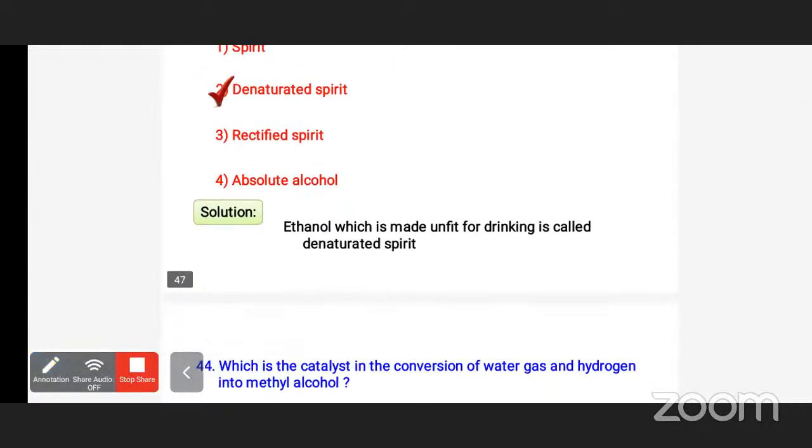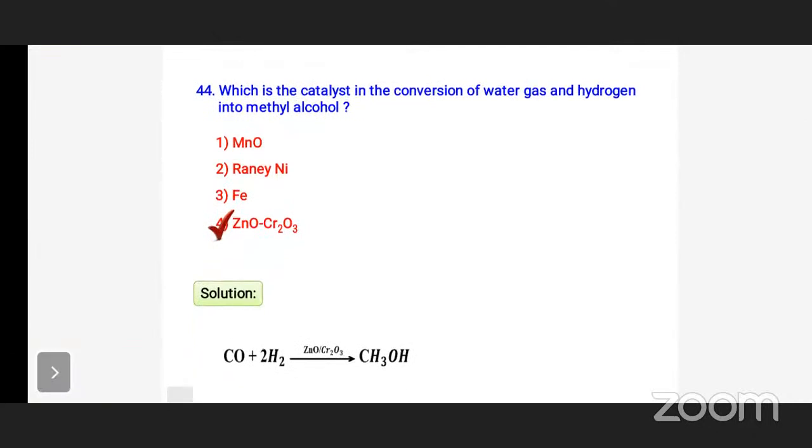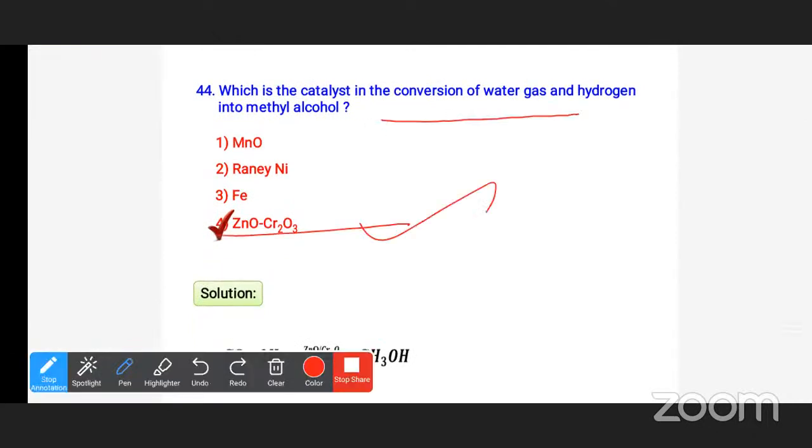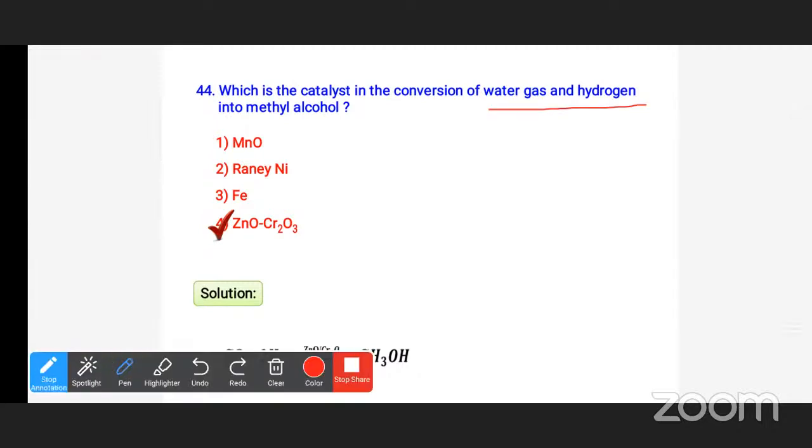Okay, right. Which catalyst is used in the conversion of water gas and hydrogen into methyl alcohol? What is water gas?